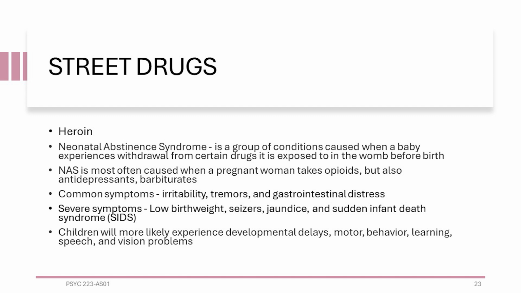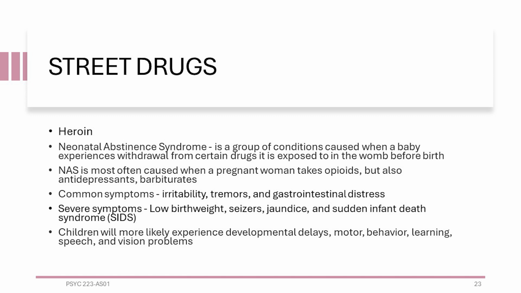They are also more likely to miscarry or give birth prematurely. To help break the heroin habit, expectant mothers might use methadone, a synthetic drug. However, methadone is also addictive and can lead to neonatal abstinence syndrome in newborns as well.